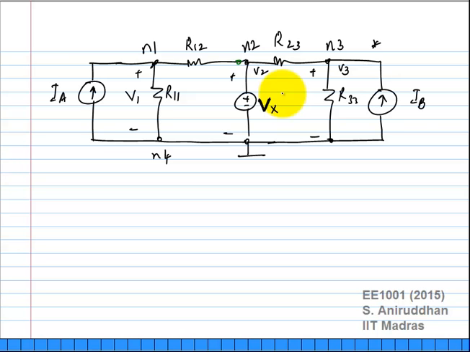This is just a trivial case of the previous one. In the earlier case I had the voltage source between nodes 1 and 2 or nodes 2 and 3, between two independent nodes. Now I have the voltage source between one particular node and the reference node. So what is the last equation? It would just be V2 equals Vx in this case. The additional equation that you have would be V2 equal to Vx.